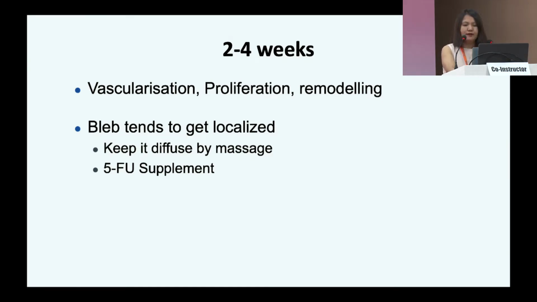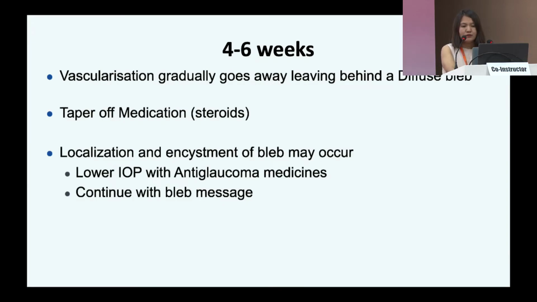Depending on the morphology and the other inflammatory signs, you should think of giving an injection of 5-FU. At around 6 weeks, the vascularization is going to reduce, and then you see a diffuse bleb. That is well and good, and at that point of time, you can think of tapering off the steroids and stopping them.